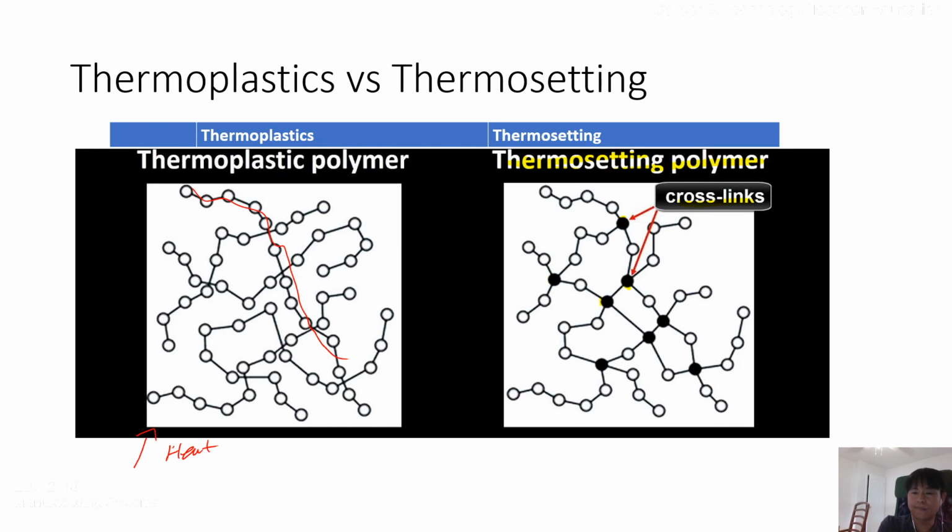But with this one, when we put heat, it just melts, and melting means dissolving the molecular structure. They lose their molecular structure, right? The bonds are just broken. So that's why thermosetting plastic cannot be recycled.